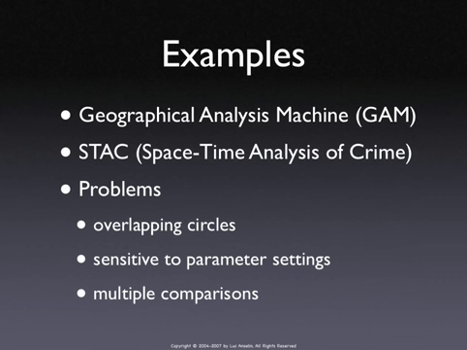And this was a major criticism of the GAM, the geographical analysis machine, that it yielded so many false positives. This was developed by Openshaw and his team. And it was very controversial because it was used in a couple of very well-documented cases of tests for leukemia clusters in the UK.